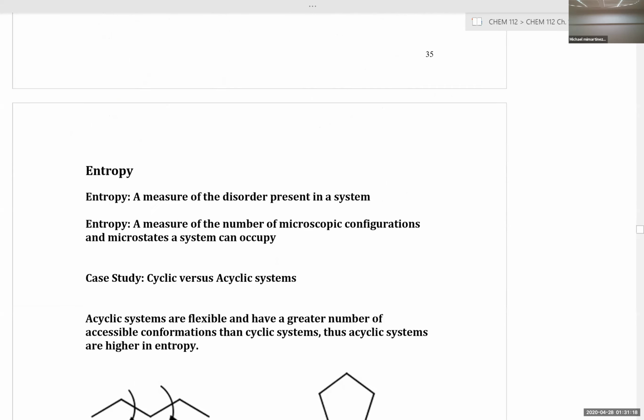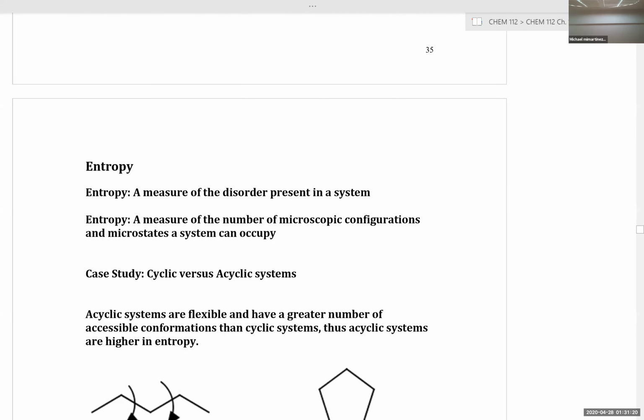What we're now going to talk about is the other side of the coin in terms of understanding what makes reactions favorable, and it's this idea of entropy. Okay? So entropy, as you've seen in 102, is a measure of the disorder present in a system. Now, a more tangible definition is that entropy fundamentally measures the number of microscopic configurations and microstates a system can occupy.